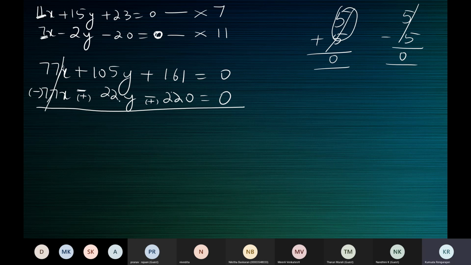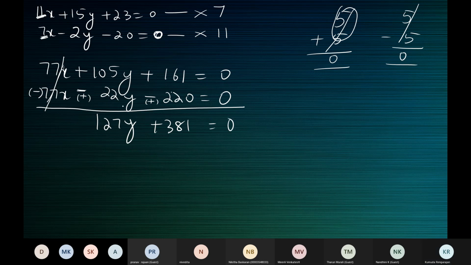105y plus, take the new sign. Forget the original sign. Take the new sign. Plus 105y plus 22y is plus 127y. Plus 161 plus 220 is plus 381 is equal to 0. 0 plus 0, 0.